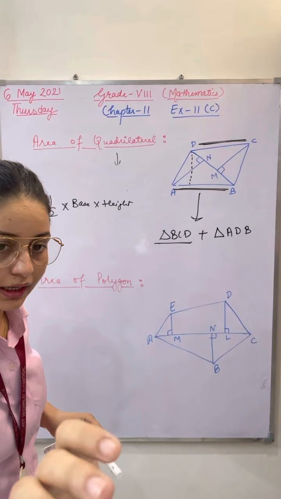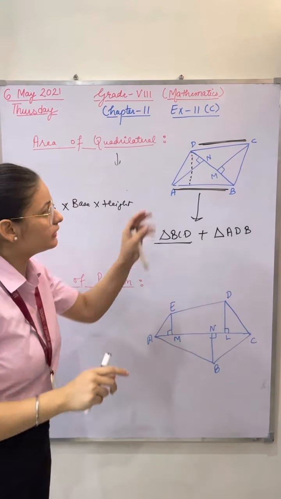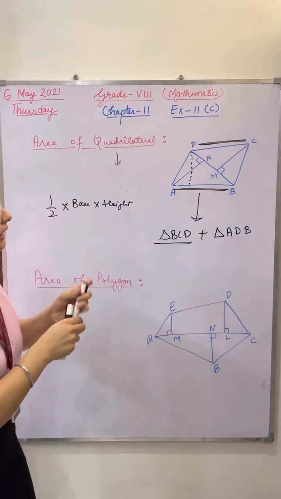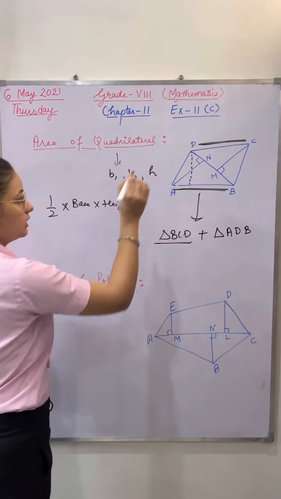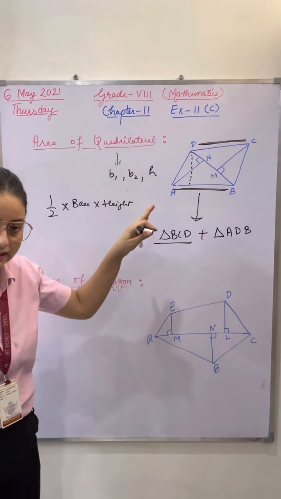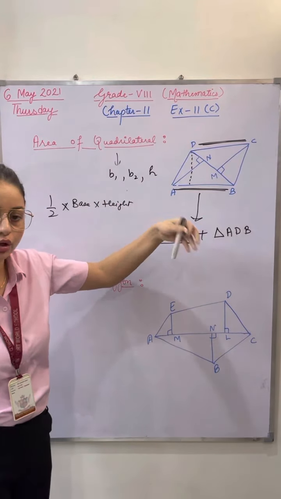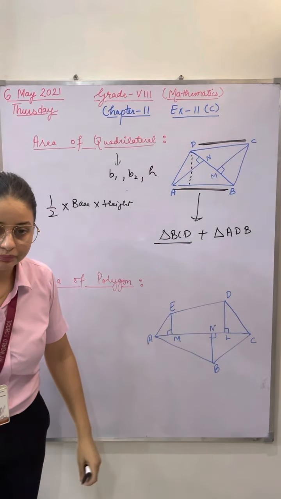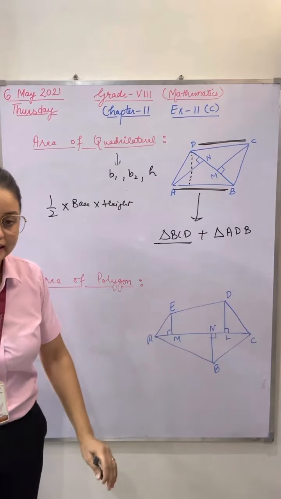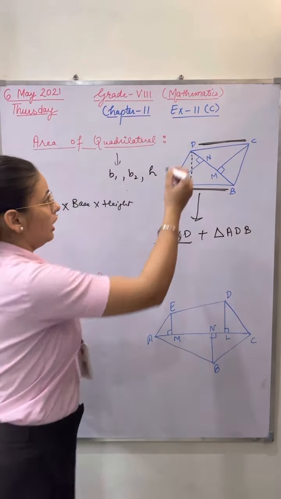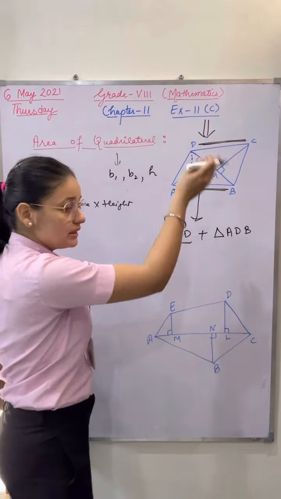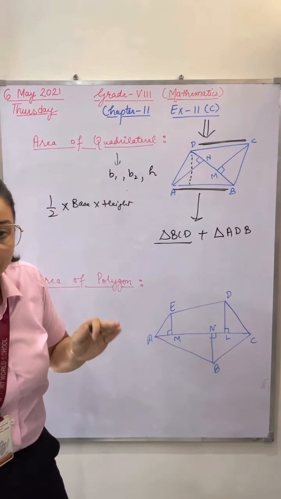Yes, Ashima. Obviously, if it is a trapezium, you only need B1, B2 and height. If these are already given to you, you can directly put in the formula. This exercise is based upon what shape is given and what sides are given to you.